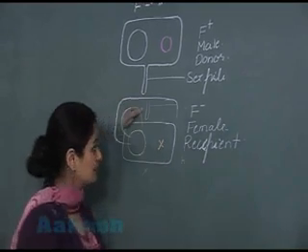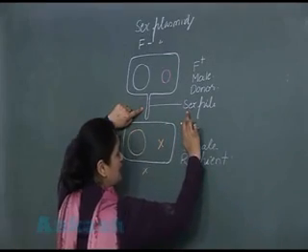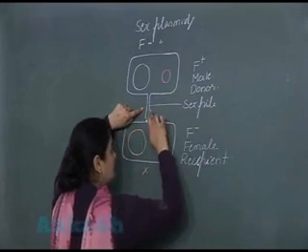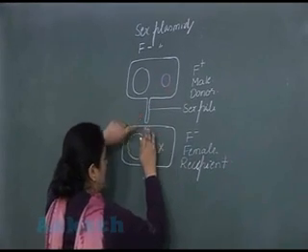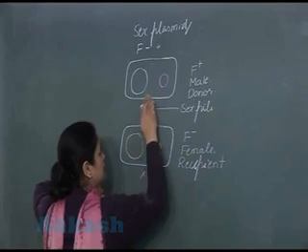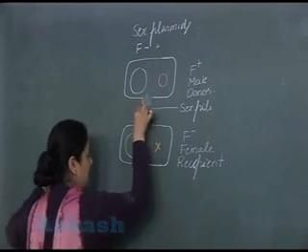Got it? Let's see what the function of the sex pili is. Sex pili can join male and female bacteria by forming a tube-like structure.